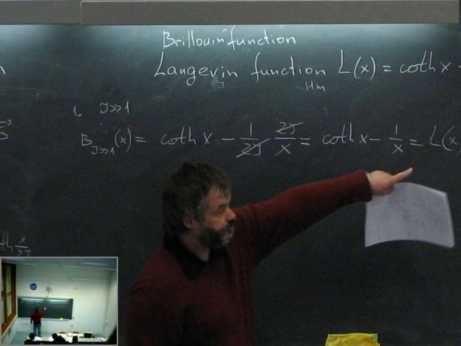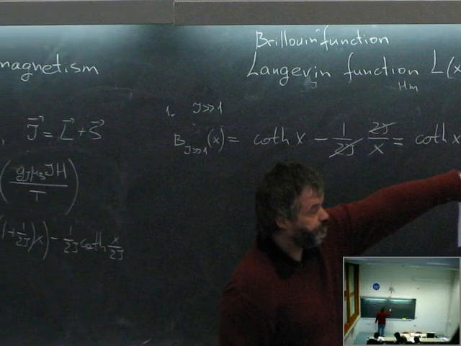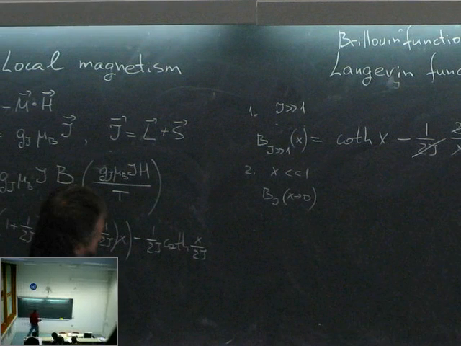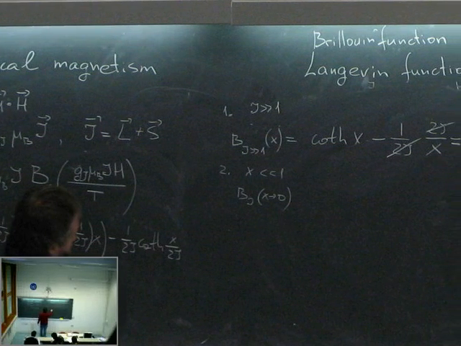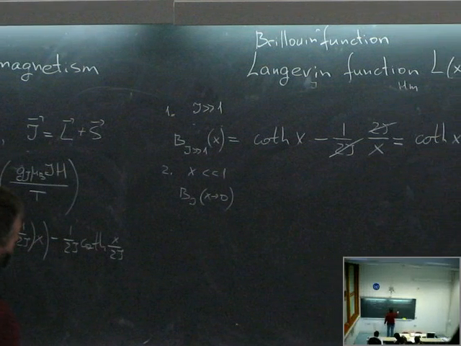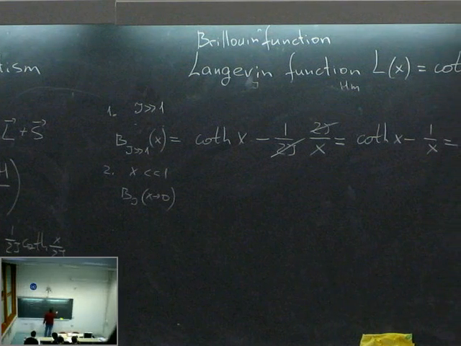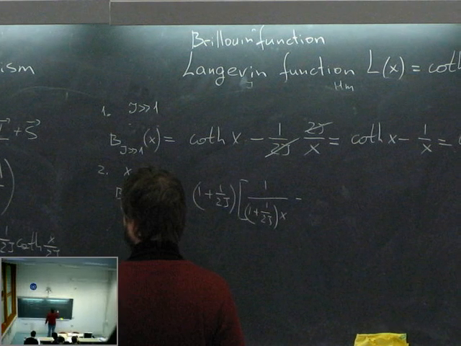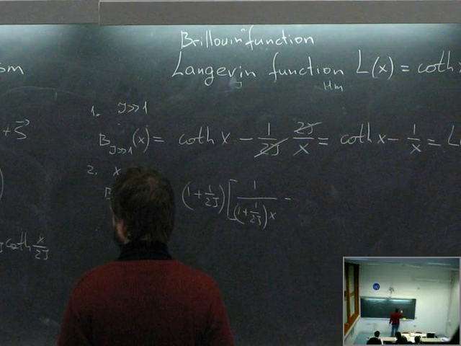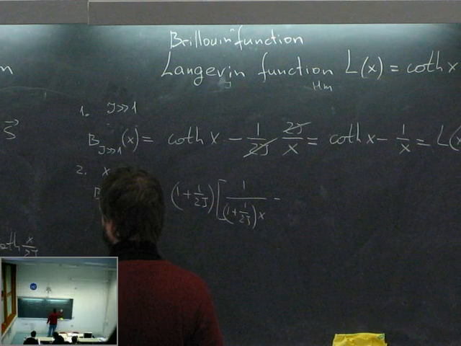Now, if we have x much smaller than 1, then B_j(x) goes to 0 for arbitrary j. What we have to do is to expand. It's (1 + 1/2j) times the expansion of coth((1 + 1/2j)x), which is 1 over (1 + 1/2j)x plus 1/3 (1 + 1/2j)x.